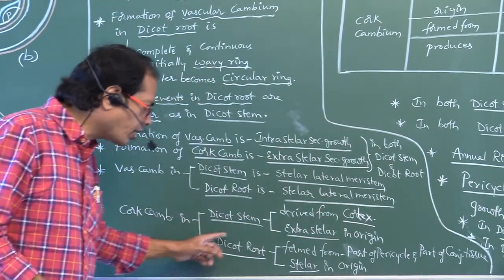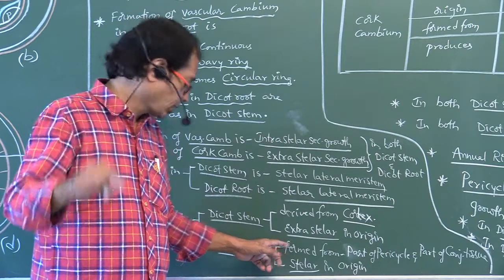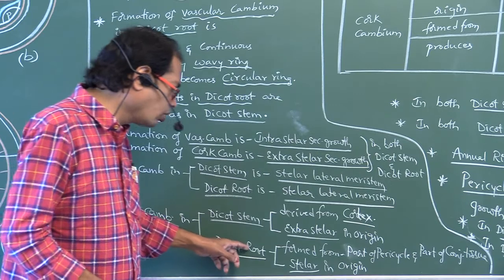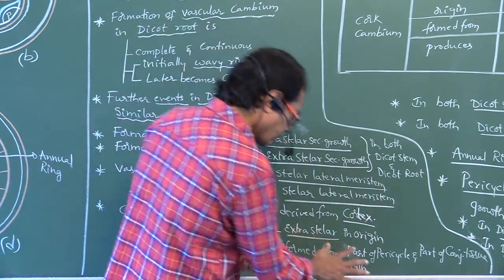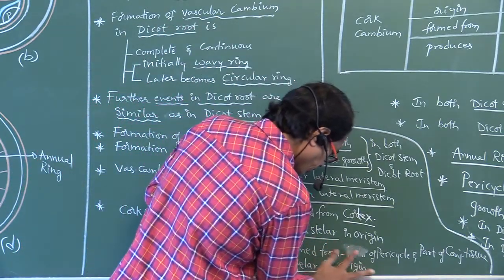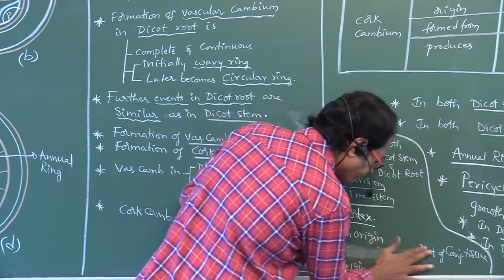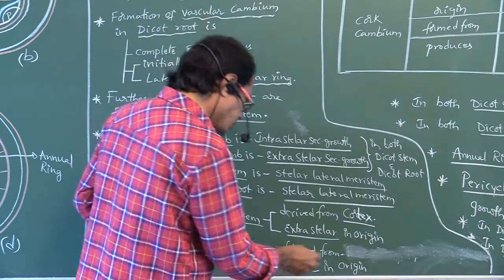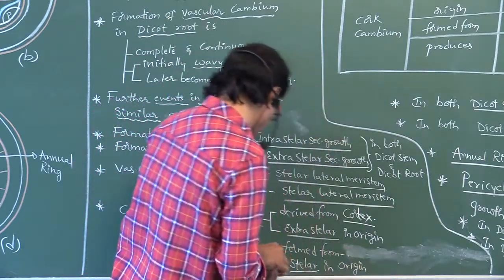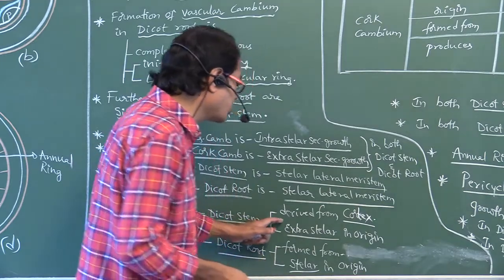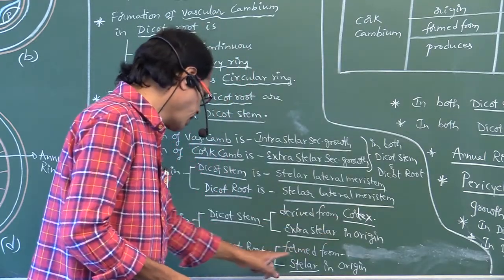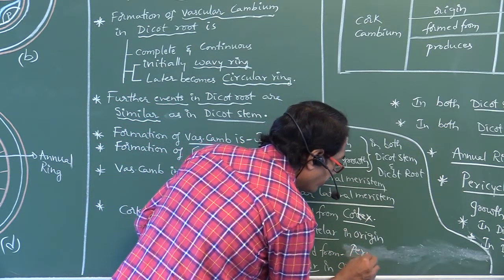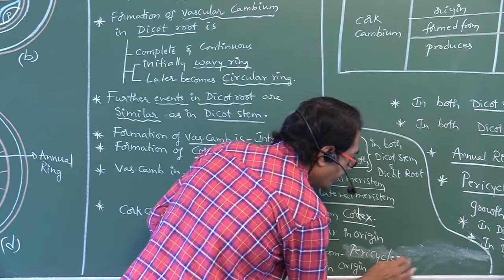Whereas cork cambium in dicot root is formed from pericycle.